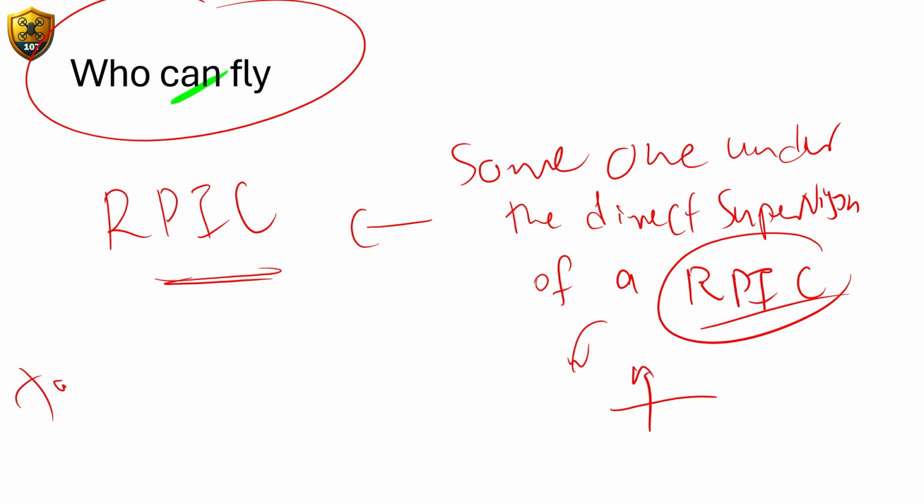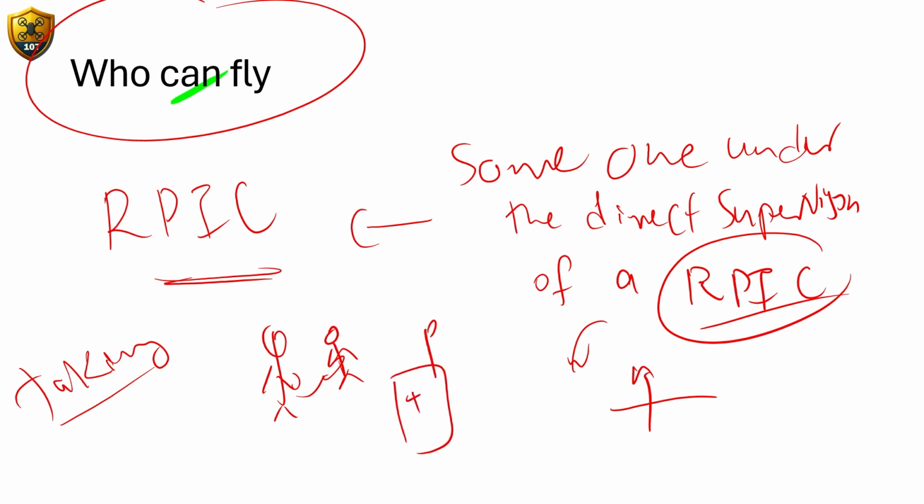This taking over can be done in many ways. He can be standing next to you, so that he can get the controller from you directly and control the situation. Or else your transmitter or equipment might have some kind of a link between the two, so that your flight controller can be overridden by the controller in the hands of the RPIC. This is known as the buddy box.